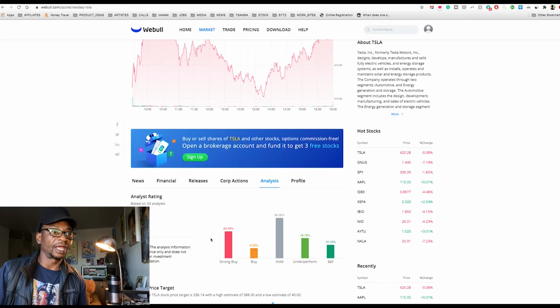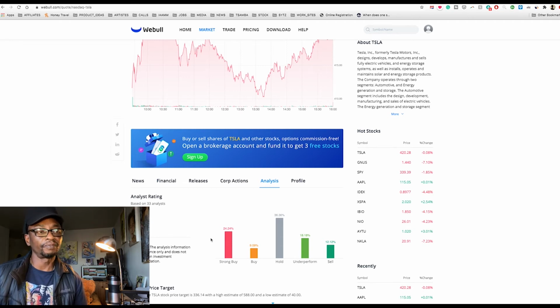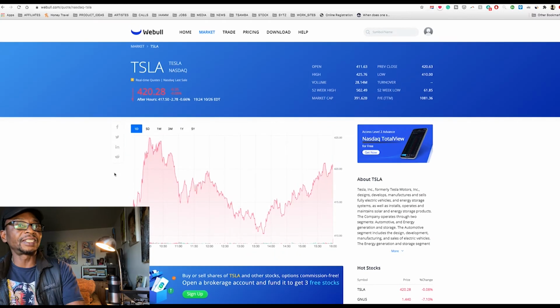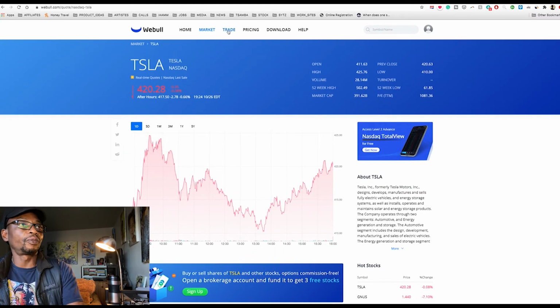So at the end of the day, my analysis will be long-term, Tesla will be a good investment. Just from this snapshot, it looks like in the long run, the sentiment is that Tesla is going to be strong. That's another aspect you get from Webull.